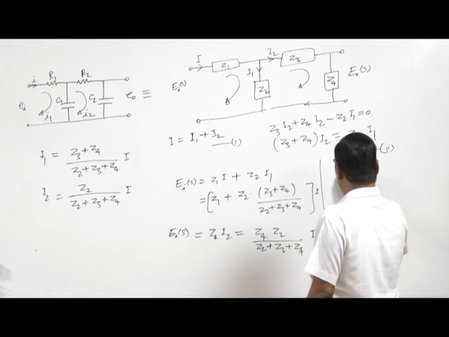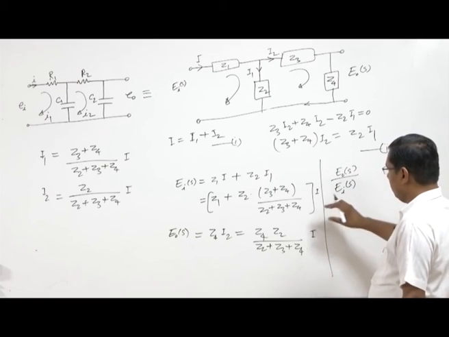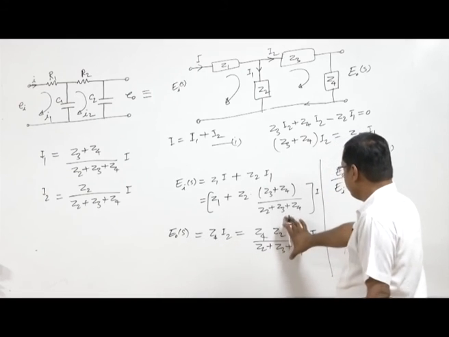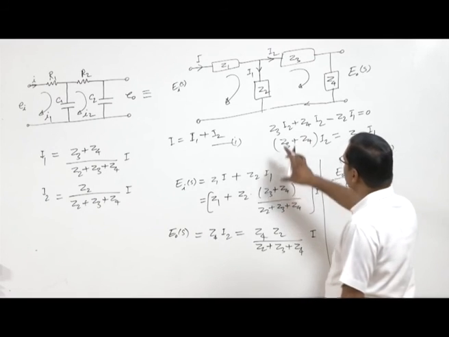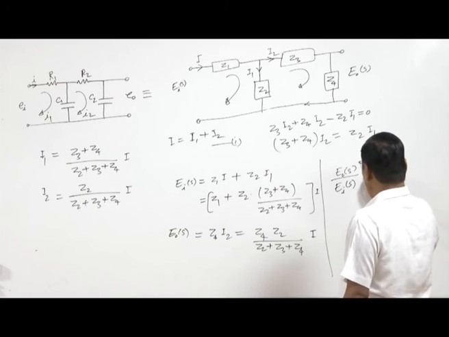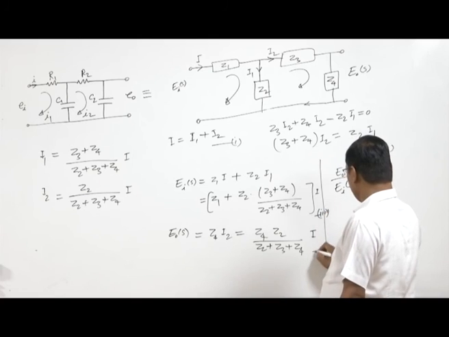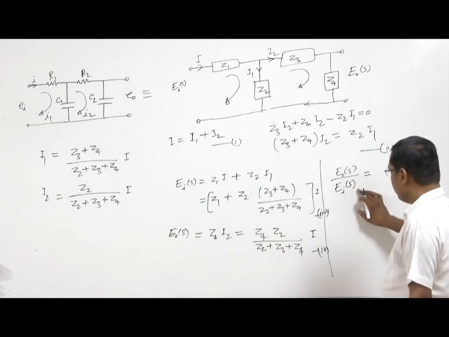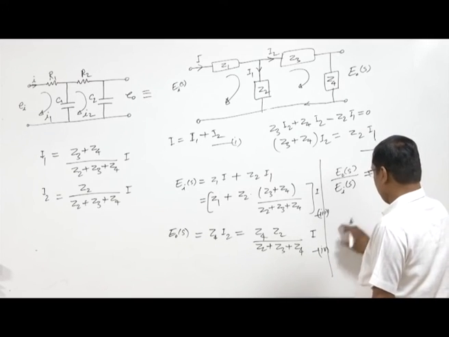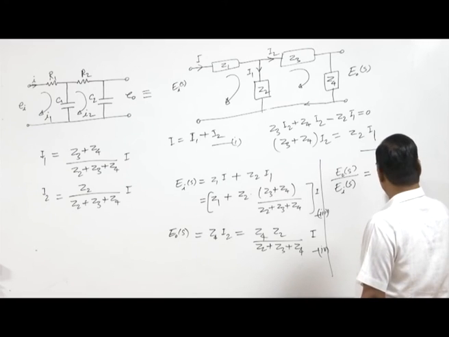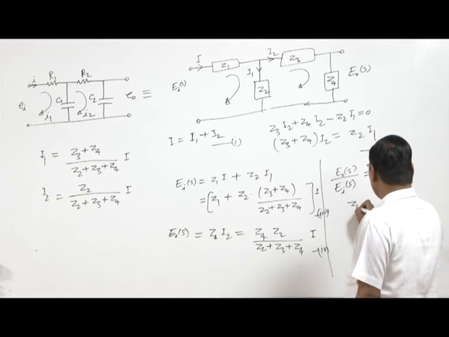Now we can find EOS by EIS. So we divide this term by this term, so I will be cancelled out. So this is equation number 3 and this is equation 4. So EOS by EIS we can find by dividing equation number 4 by 3, the right hand side terms, and there we can put Z1.